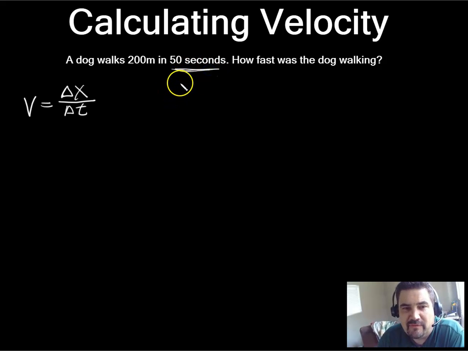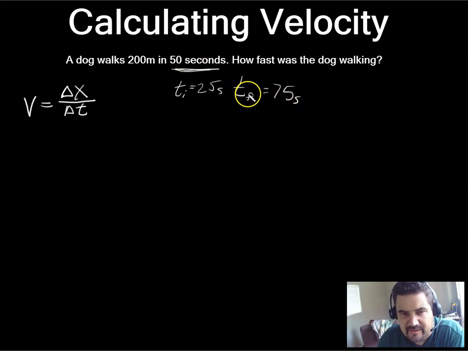But what if they told you the dog started at time equals 25, and they'll say that's the initial time, and then the time final is 75 seconds. So it started when the time was 25 seconds and it ended at 75 seconds. Well, that's 50 seconds, right? This is the final. That's an F right there, by the way.